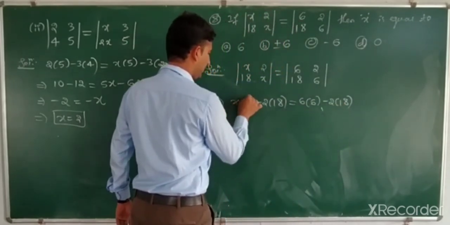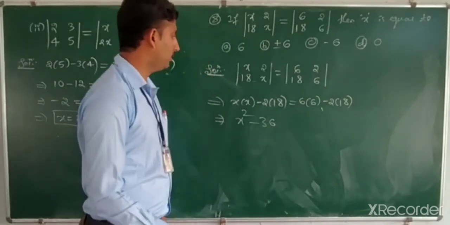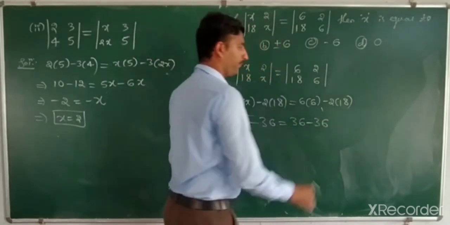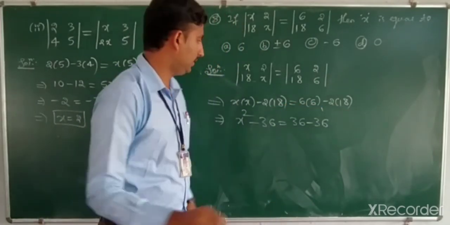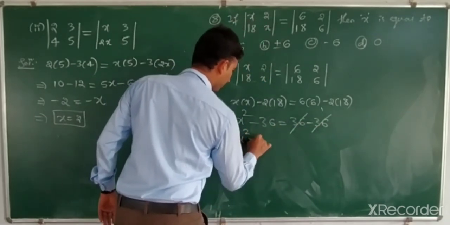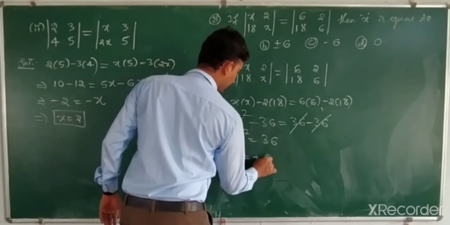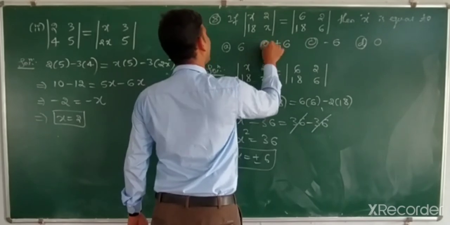This is nothing but x into x is x square minus 36, and on the other side 36 minus 36. Both are 36: 6 into 6 is 36 and 2 into 18 is 36. Both are cancelled. It implies x square is equal to 36, which implies x is equal to plus or minus 6. Therefore, B is the correct option.